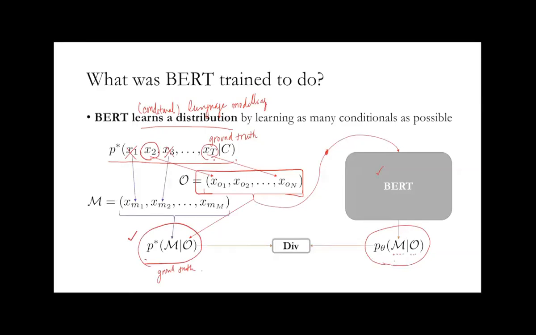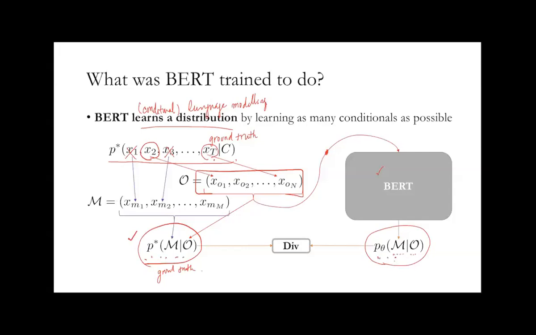What we are trying to do is see the difference between the ground truth, that is, the actual words that were masked out, and match that with whatever has been predicted by BERT.